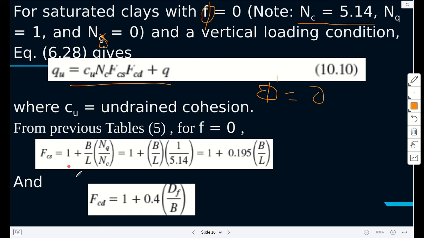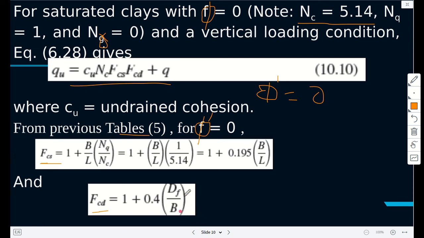So based on this, where Cu is undrained cohesion, from the previous table, phi, I think something is wrong, this is phi, not F. The modification factor for shape can be evaluated as shown, and the modification factor for depth can be evaluated as shown.